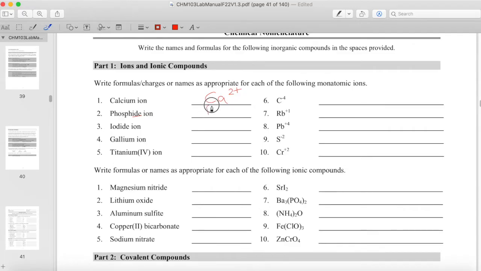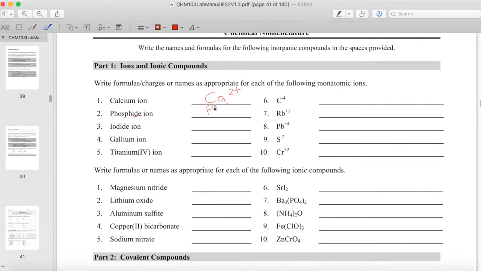If we look at phosphorus, it has the symbol P, and you see in your periodic table that it's in group 15. So you've got to ask yourself, how many valence electrons does phosphorus have, and how many electrons does it gain to become like the noble gases, sorry.